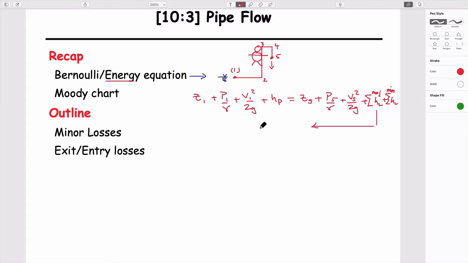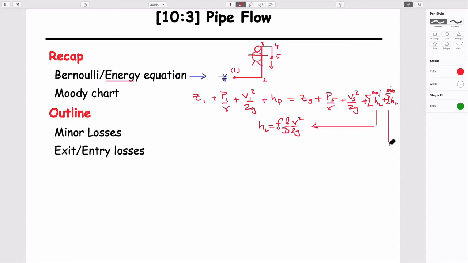So the major ones are the ones in the pipe, and the head loss in the pipe is going to be equal to the friction factor of the pipe, its length to diameter ratio, and the velocity in the pipe. This is the velocity in that particular pipe, wherever it might be. And it's the sum of all of those to get to that point.